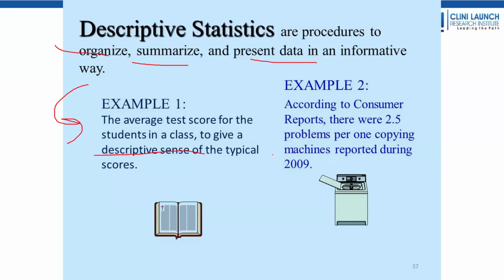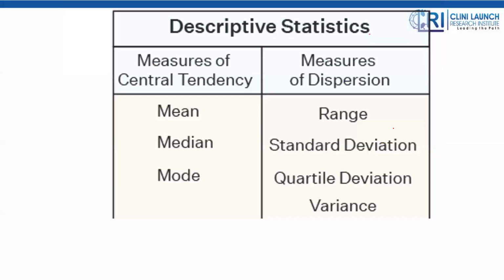Similarly, according to consumer reports, there were 2.5 problems per one copying machine in 2006. So for one machine, there were 2.5 problems. How did they calculate this? The average. In a country there are so many machines, but on an average, how many people have got the problem? That is like describing your data.